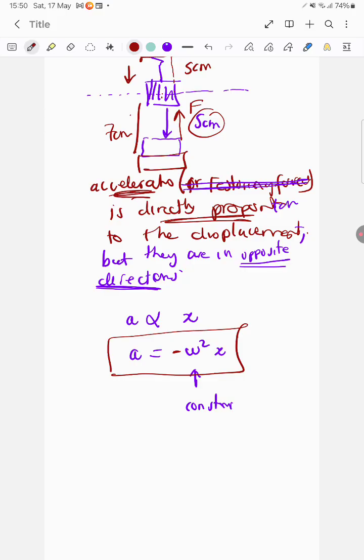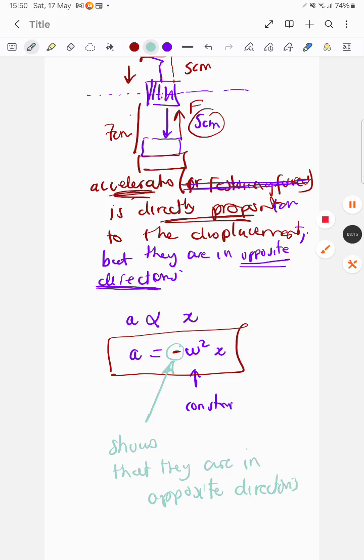And of course, this negative sign shows that they are in opposite directions.